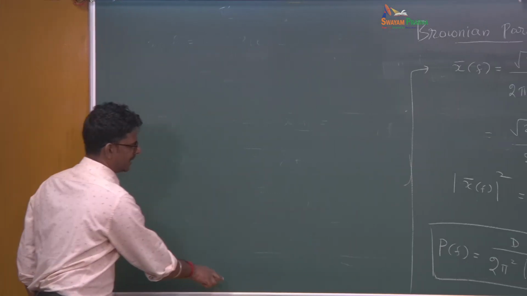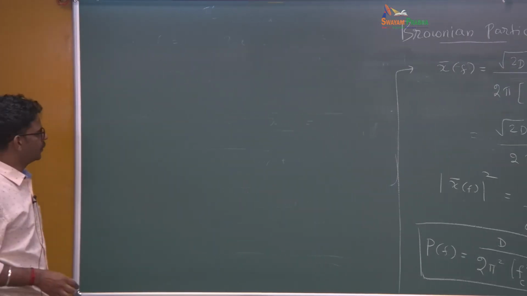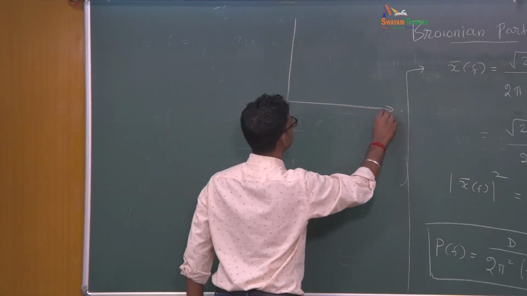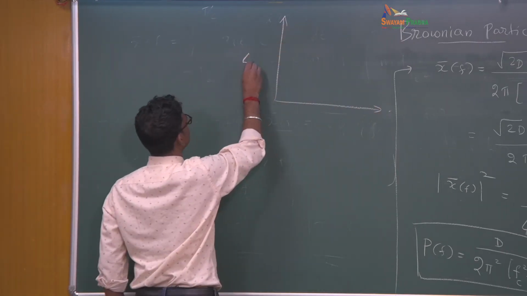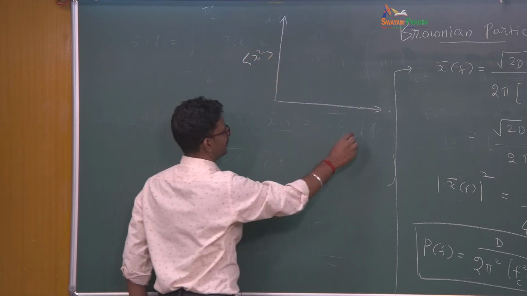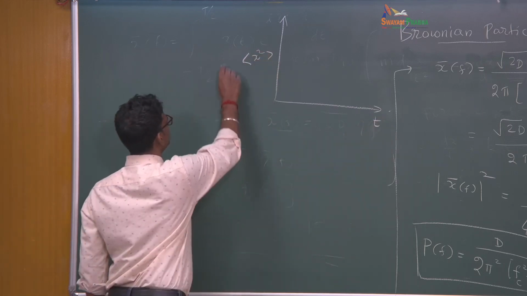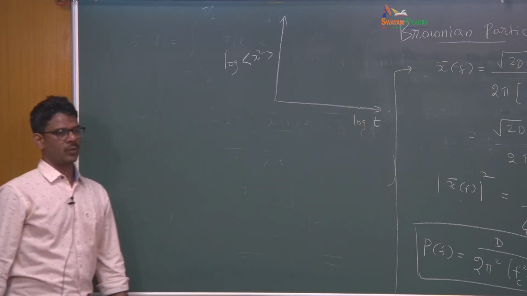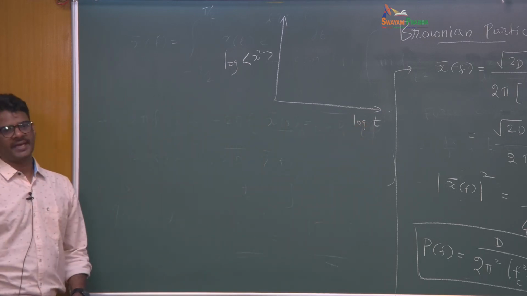But before we do that, let us just remind ourselves what we know about the mean square displacement as a function of time that we discussed in the last class in the real space. Okay, so let's take log of this and log of this. What would you expect for an overdamped Brownian particle?